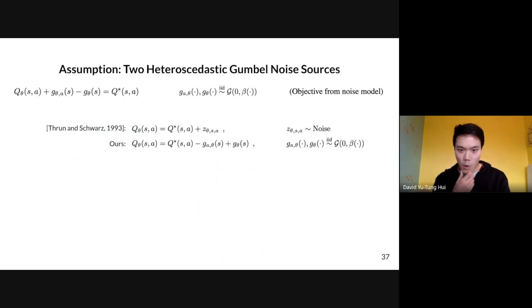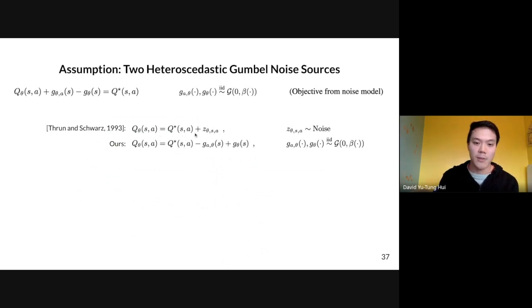There was a question earlier about the interpretation of noise and Q functions, and my answer at this point, which I'll build on, is that in 1993 there was a paper by Thrun and Schwartz, and they presented some empirical evidence that showed there was this noise model behind Q-learning.